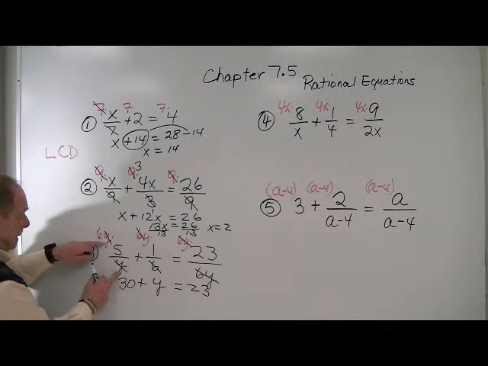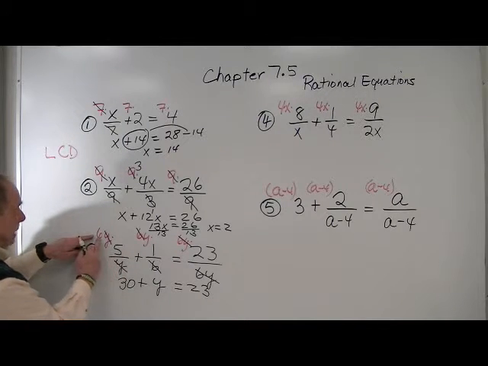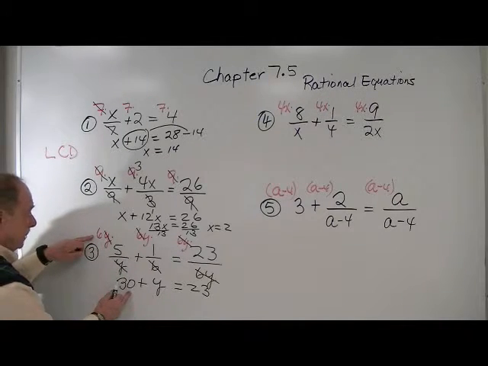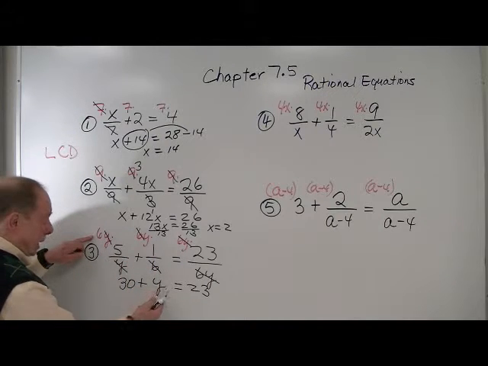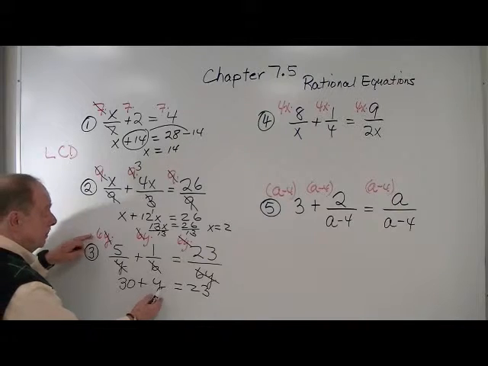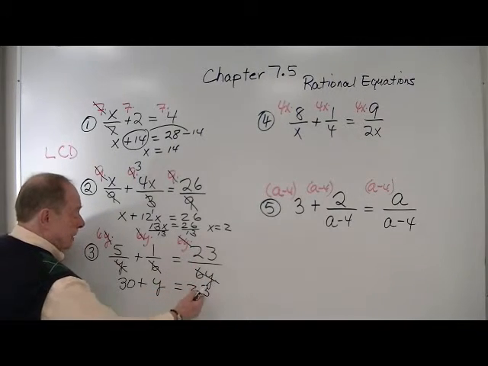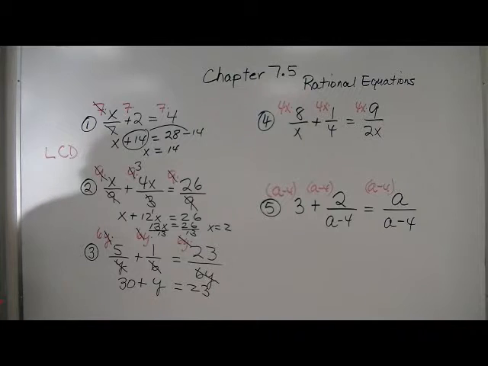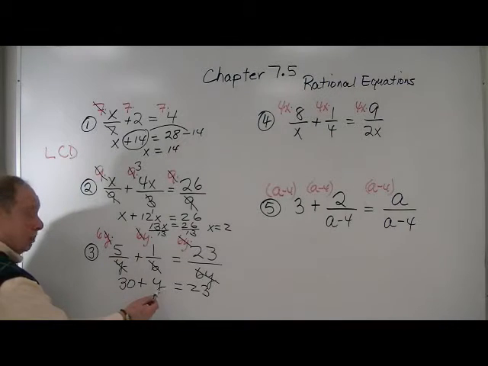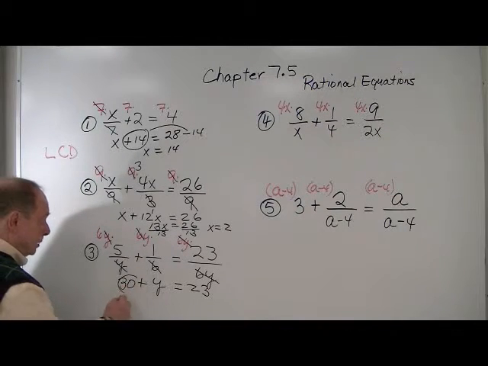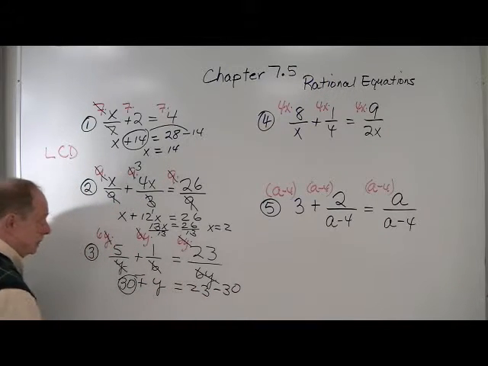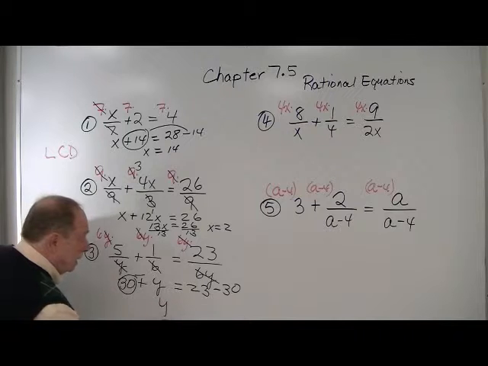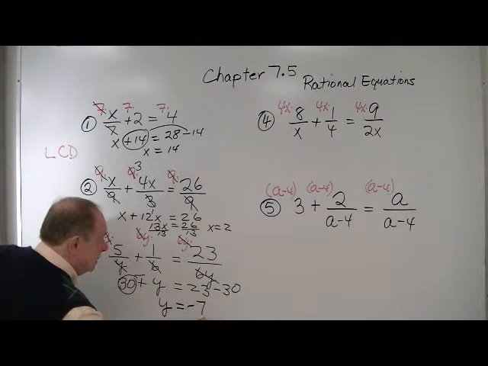So again, the y's cancel out. 5 times 6 is 30. The 6 cancels out. You're only left with a 1y. We just write the y. Here everything cancels out. You're left with the 23. Now we want what a positive y is, so I'm going to transpose this to the other side where it becomes a negative 30. And we get y equals negative 7.